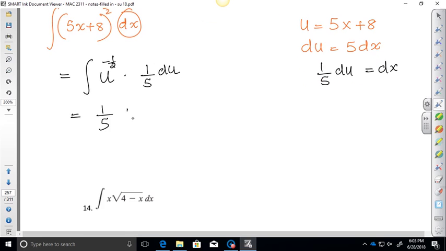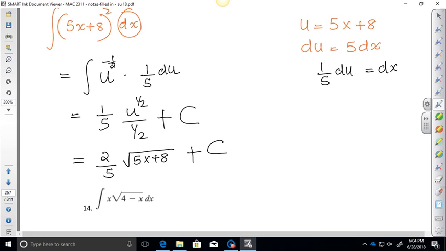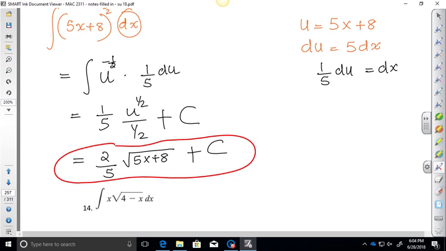U to the 1/2 divided by 1/2 plus c. Now I'm going to change u back, so it's going to be square root of 5x plus 8 plus c.